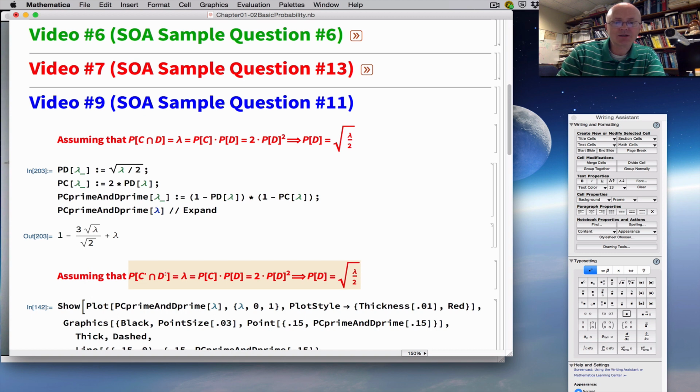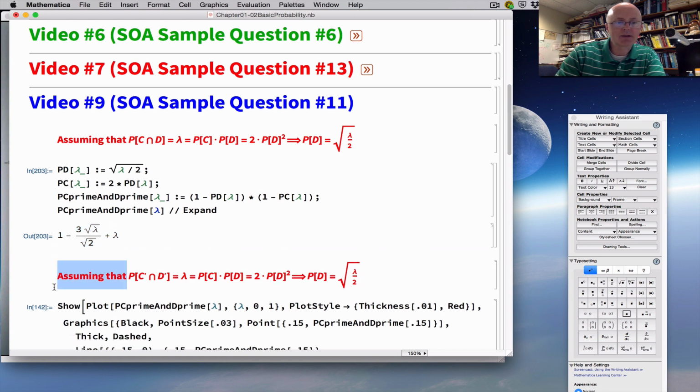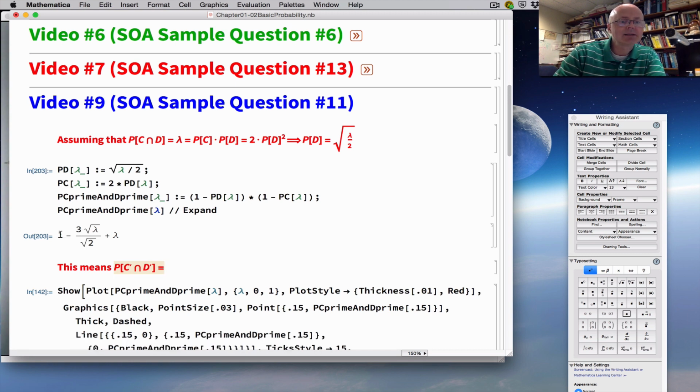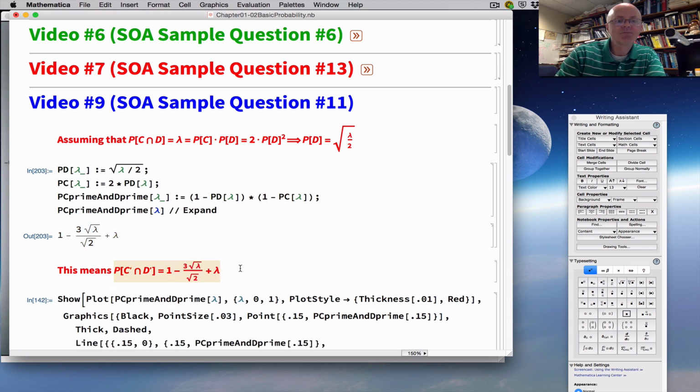What Mathematica is just showing us here with this calculation is that this is the answer. Okay? I'll say this means that the answer, if I can cut this out here, is this thing. That's the answer to the extra question.